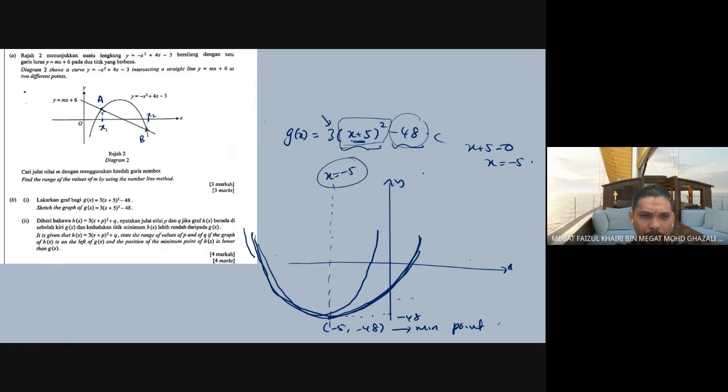One, two, three, x plus 5 squared minus 48.